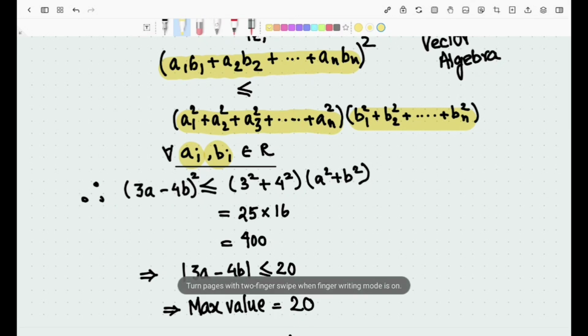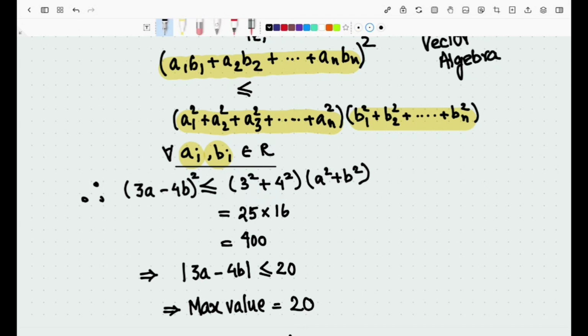I have just written down the following expression. I took a1 as equal to 3, and I took a2 as equal to minus 4. I also took b1 as a.